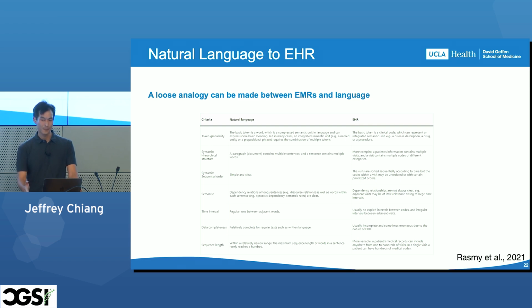A loose analogy can be made between that and the electronic health record. You can think of a patient in the EMR as a collection of encounters or touches with the healthcare system. Within each of these encounters, they may have had a number of things, let's just say diagnostic codes assigned during each of their visits.